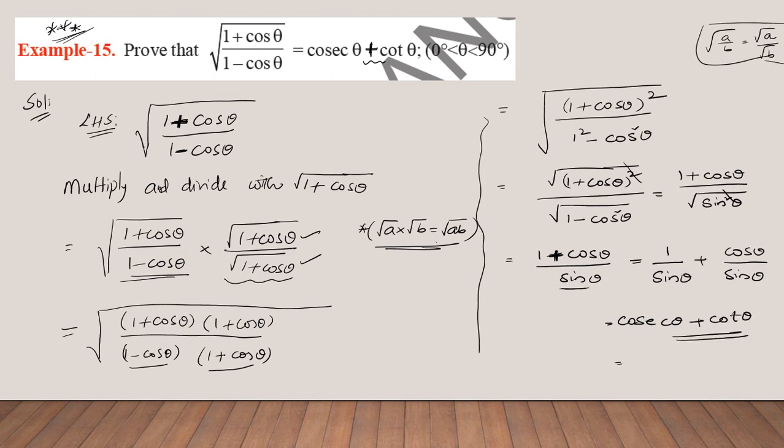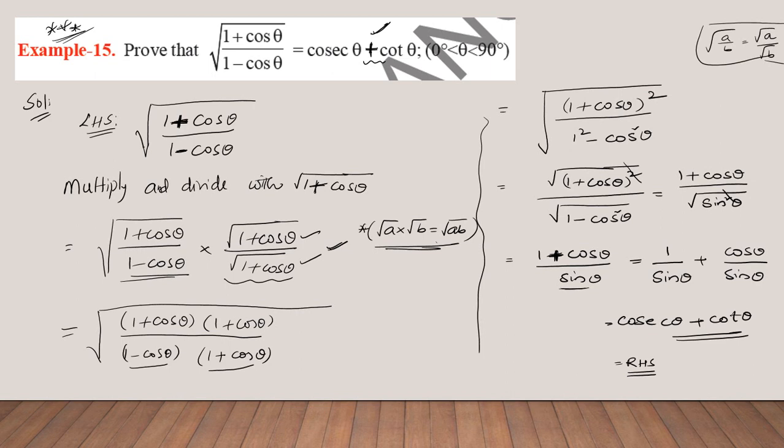So this is nothing but my RHS, right? This is what we were asked to prove, so we have proved it. Square root of 1 plus cos theta by 1 minus cos theta into root 1 plus cos theta by root 1 plus cos theta. This is the main step, which you should be careful while applying, and depending on the answer we need to do the multiplication.